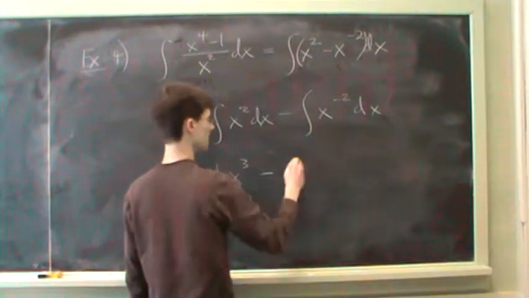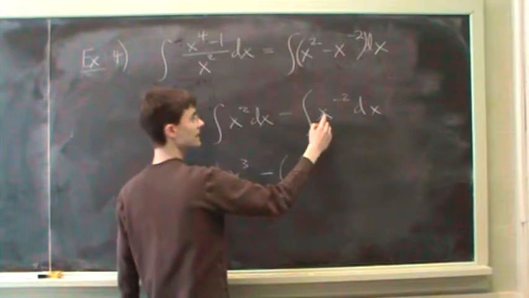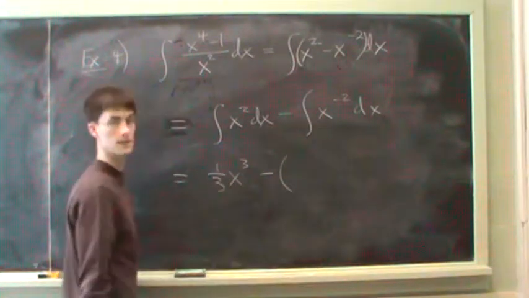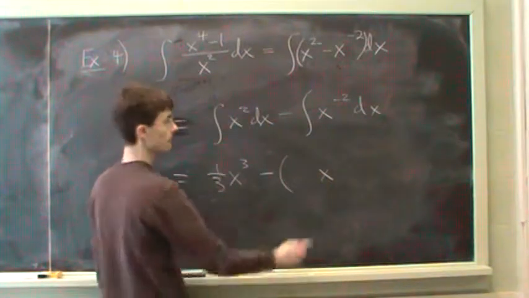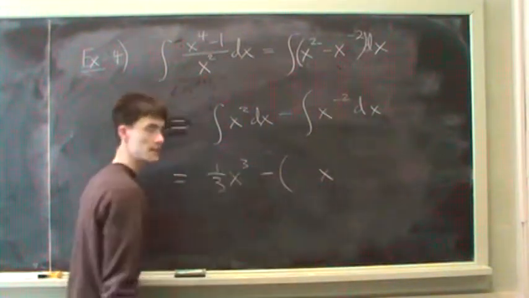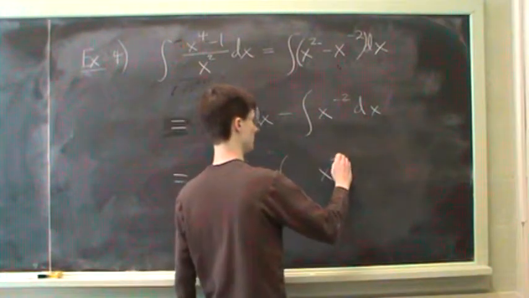And now we apply the power rule for finding the antiderivative of x to the negative second. So again, we keep the base the same, increase the exponent by 1, and negative 2 plus 1 is negative 1.